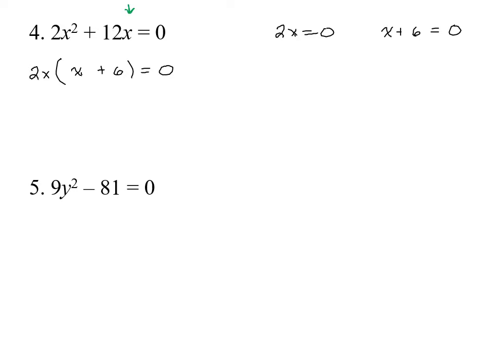So on the first one, I would divide by 2 on both sides to get x is 0. On the second one, you could just subtract the 6 from both sides and get x is negative 6. So I'll get the solutions of negative 6 and 0.